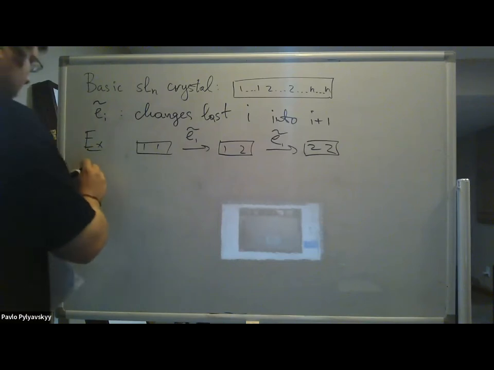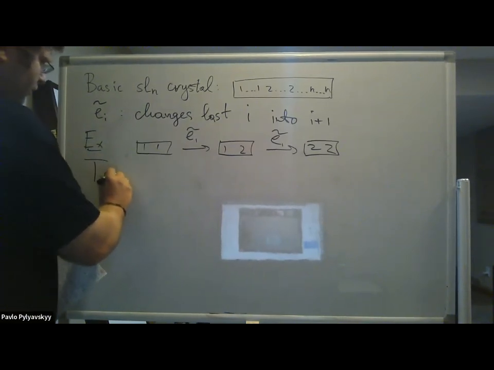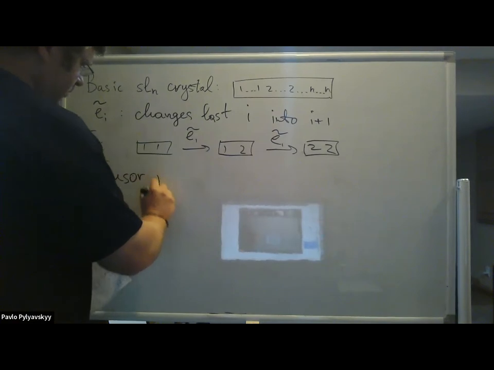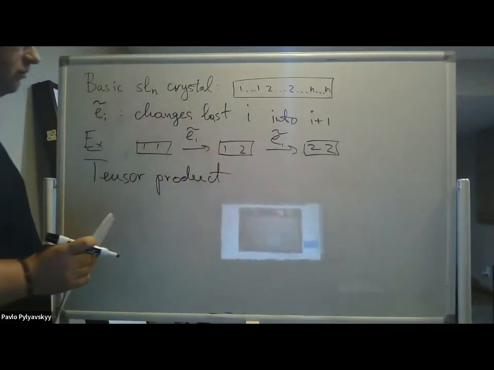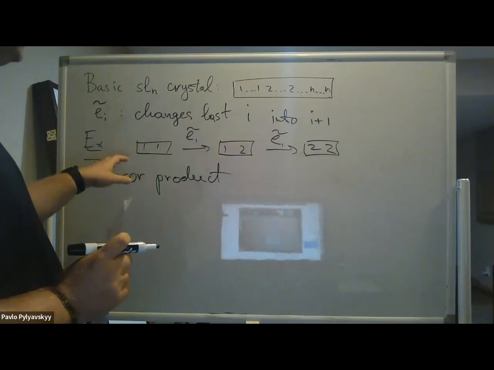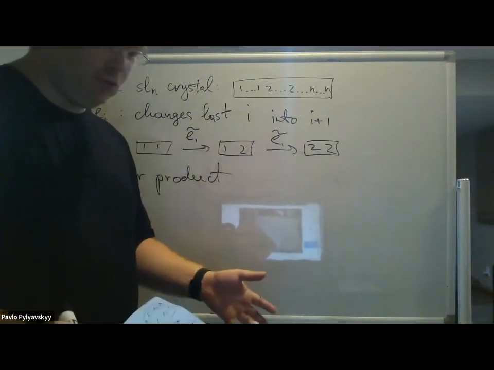Now there is a general construction of tensor product of crystals. I could define it in two different ways, because there is a very general rule due to Kashiwara of how to take the tensor product of any crystals.